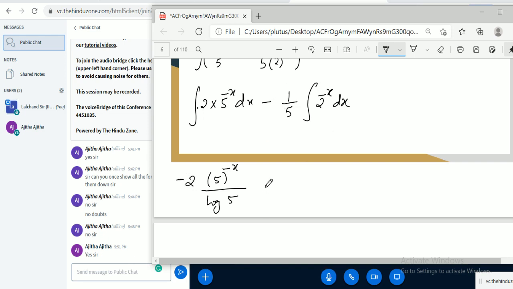For this, the minus sign is there, minus 1 by 5, 2 to the power minus x divided by log of 2, and there is also a minus sign, so this will become plus, and plus integral constant c. Okay, are you getting this? Is there any problem up to this point, Anjita? Is there any problem up to this point in this question?